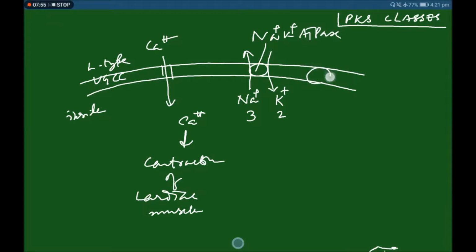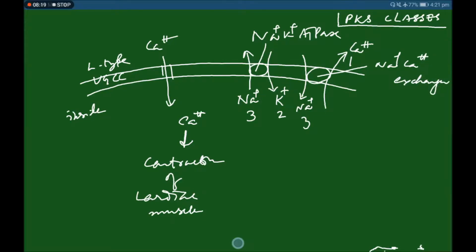and there is one sodium calcium exchanger. Sodium comes in and calcium goes out, in the ratio of 3:1.